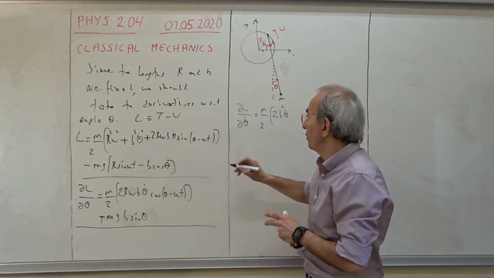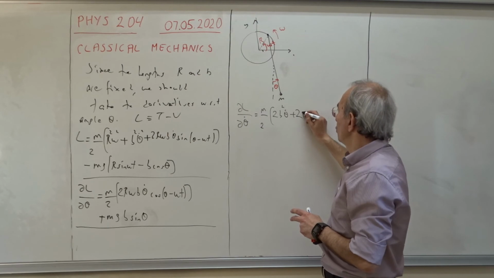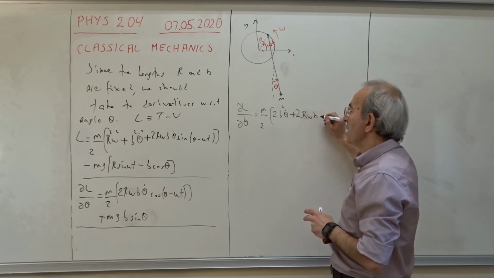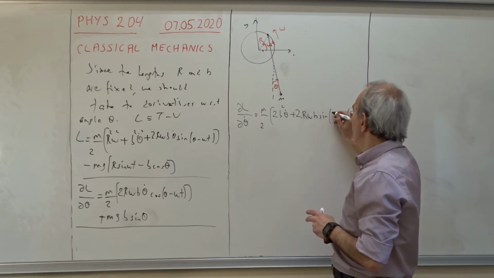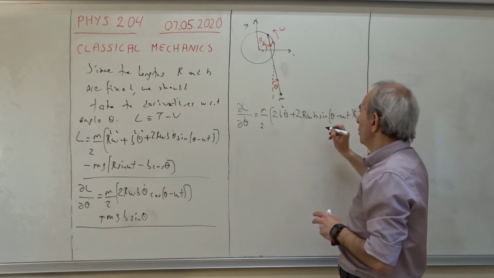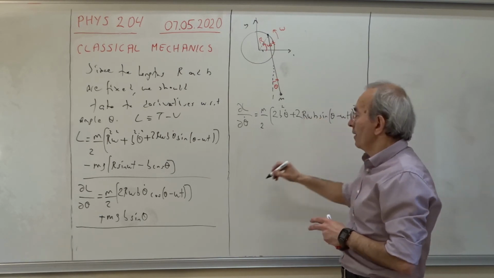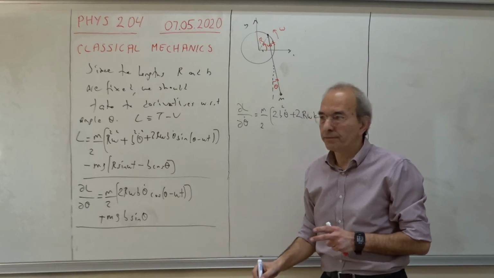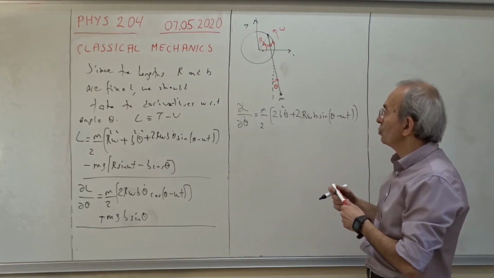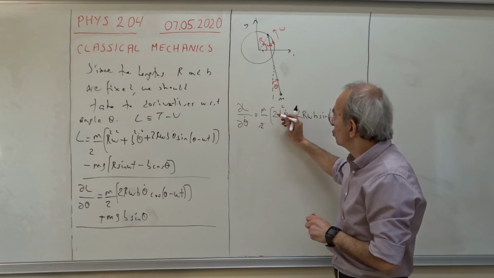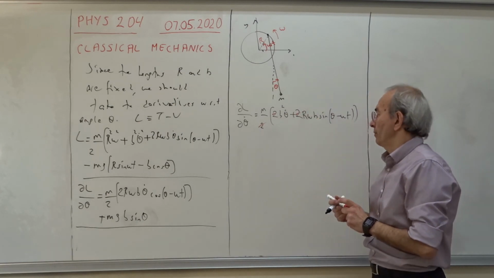All the rest can be written there, plus 2r omega b sine theta minus omega t altogether. And here there is no theta dot. So these 2's may cancel, that's all.